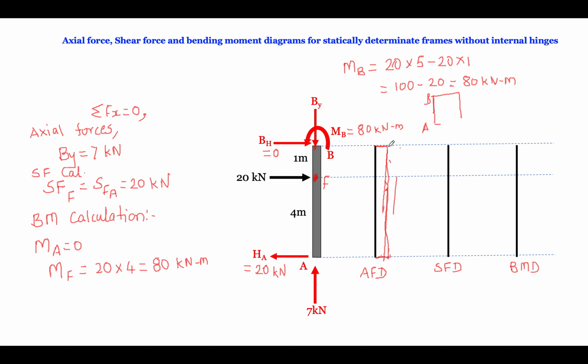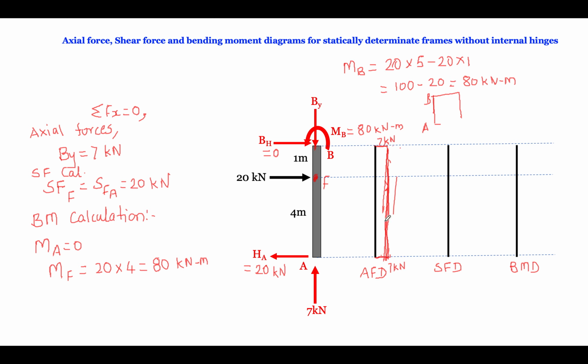Okay, this is a straight line. Sorry for not making it a perfectly straight line. So this is 7 kilonewton, 7 kilonewton. This is our axial force diagram.